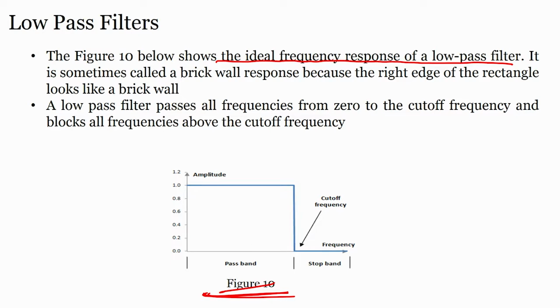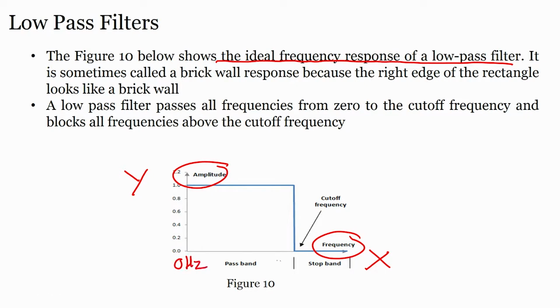The y axis is amplitude, the x axis is frequency. It goes from 0 hertz to some low frequency, and this is our cutoff frequency FC, alright.